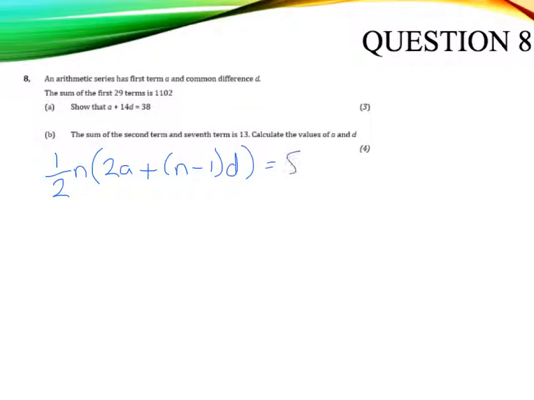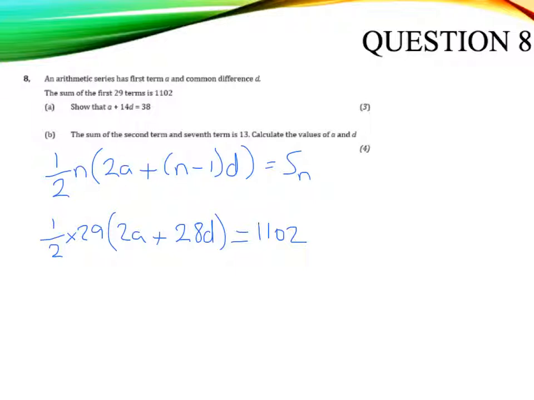What this does is gives you the sum to n numbers. Now we know the sum of the first 29 numbers, so we can say a half times 29 is 2a plus 28d, and that's equal to 1102.